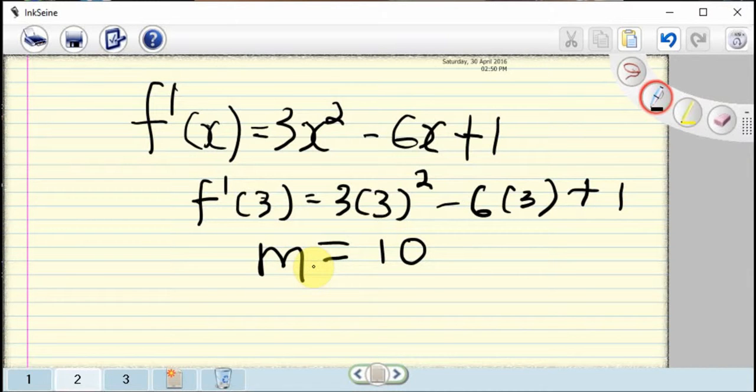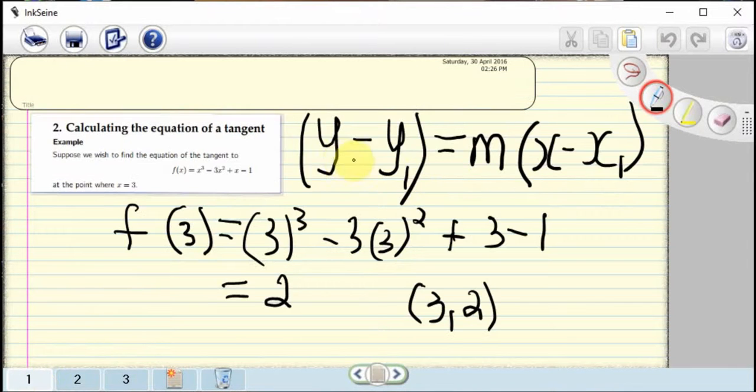So now we have our gradient. We were given our x1 value, and we also found our y1 value. So to find the equation of the tangent, we simply substitute this into the equation that we first wrote in the beginning. So let's do it.